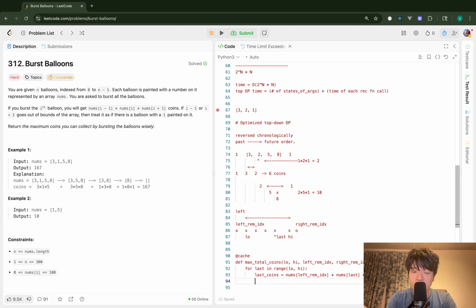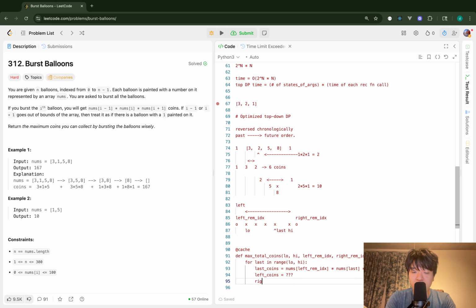This. And also I can calculate the right coins, the left coins. I mean, if I choose this as the last index, I want the total number of coins in this range. So I can calculate it recursively. And also I can calculate right coins.